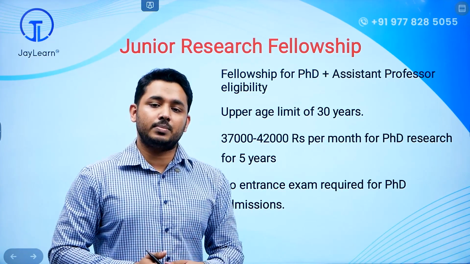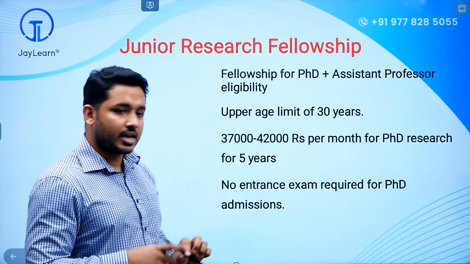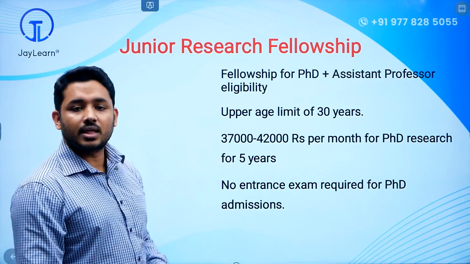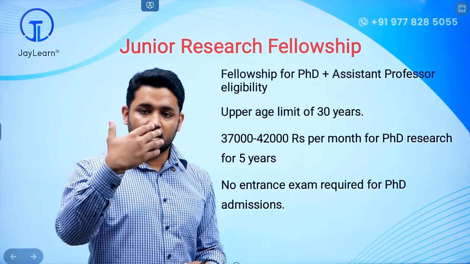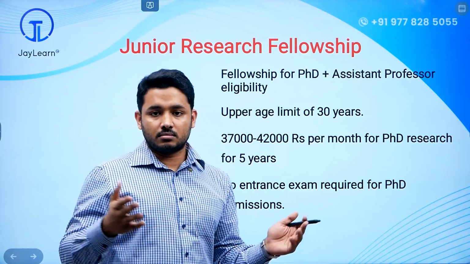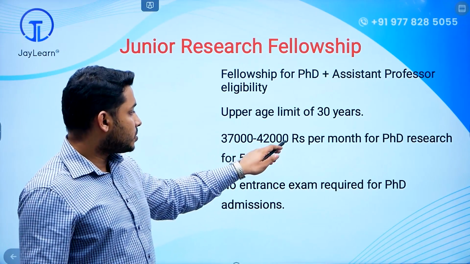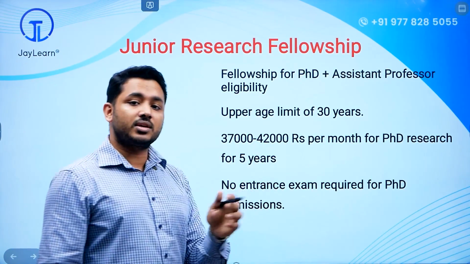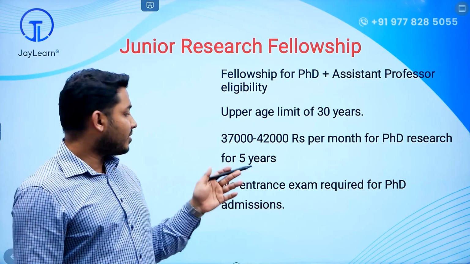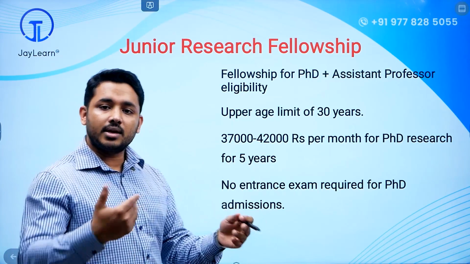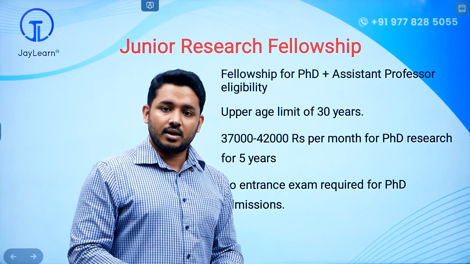You'll easily get into a PhD if you have a JRF, and you will start earning 37,000 plus incentive. There is an incentive per year that you will get. So per month for PhD research you're getting that for 5 years. And in the 5-year time period, they might increase the amount and you will get that money as well.